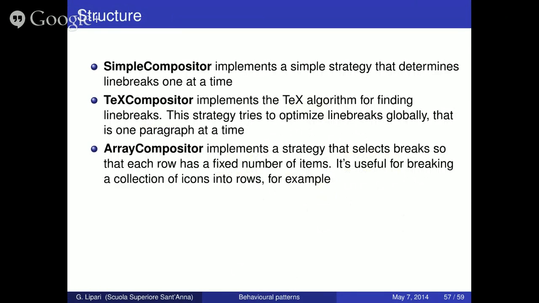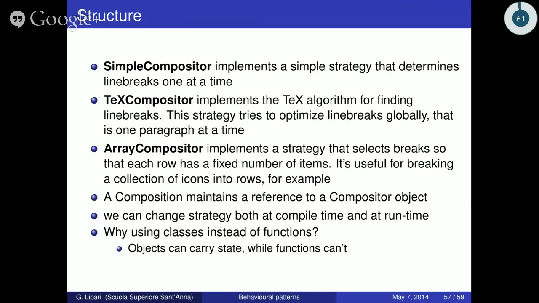Okay. So here is the description of the different ways of composing a text into a page. So the composition maintains a reference to a compositor object. So you can change the strategy both at compile time and at runtime. Why do you want to use classes instead of functions? Well, in object-oriented programming, it's because objects can carry state, while functions cannot.